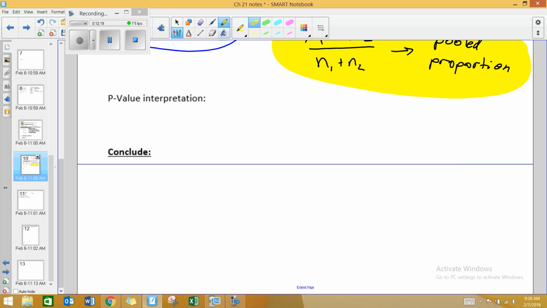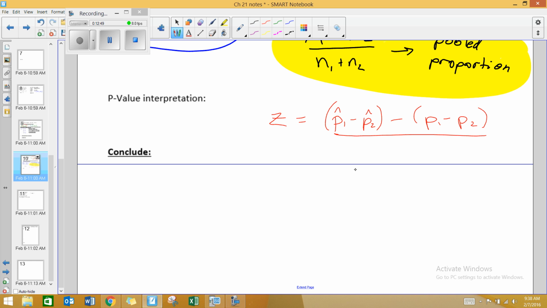So the correct way to calculate the z-score, well, we have p hat 1 minus p2 hat. That's still our statistic. That's our observed difference. And then I subtract p1 minus p2. And that's going to be all over the standard deviation using the pooled proportion.